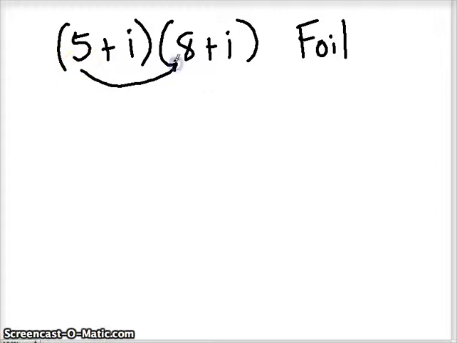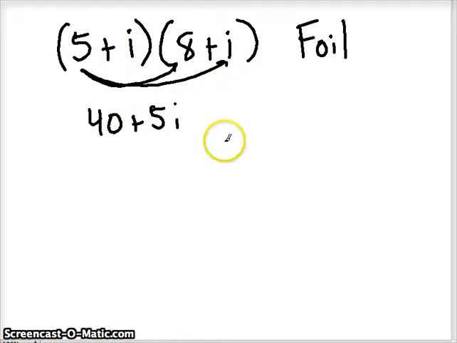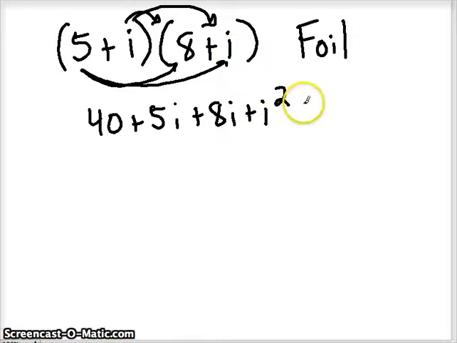Do first terms, 5 times 8, that's 40. We do outside terms, 5 times i, that gives me positive 5i. We got inside terms, i times 8, that's positive 8i. And then last terms, i times i gives us positive i squared.